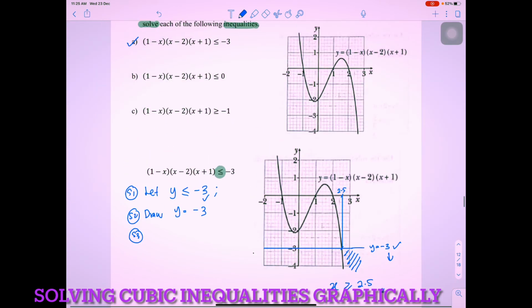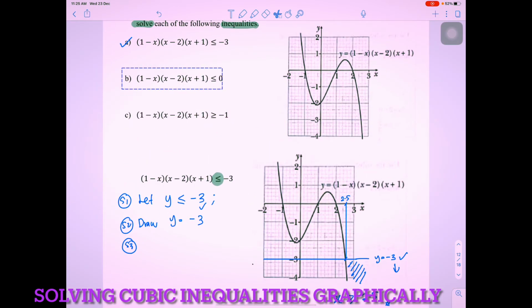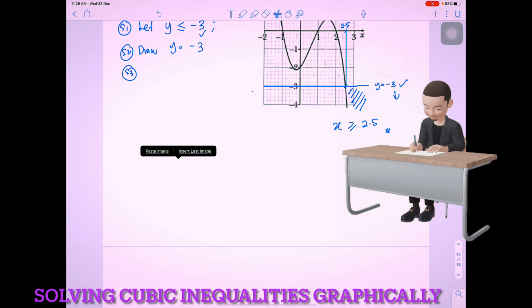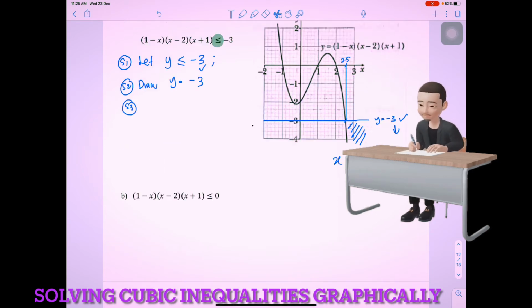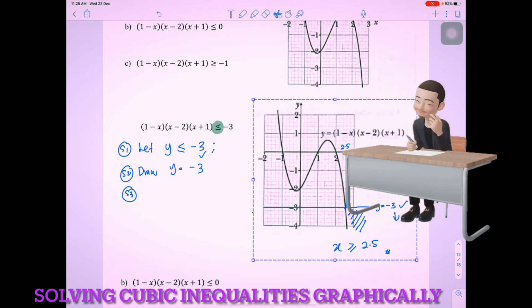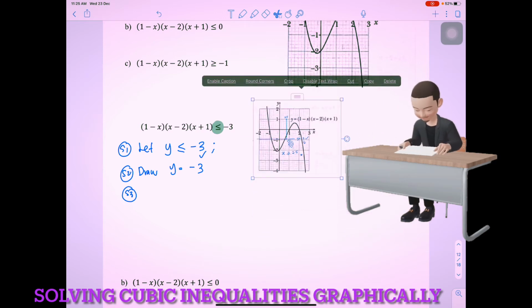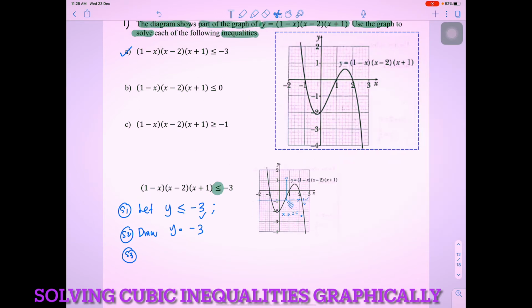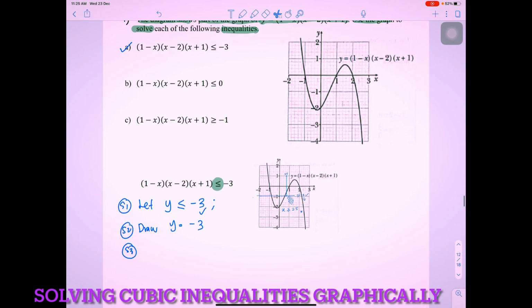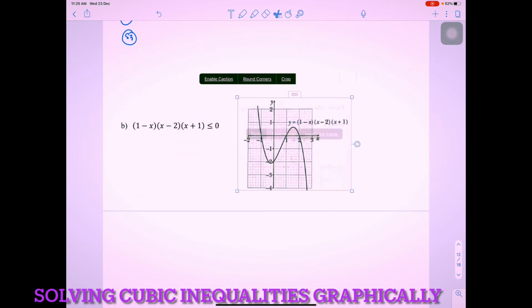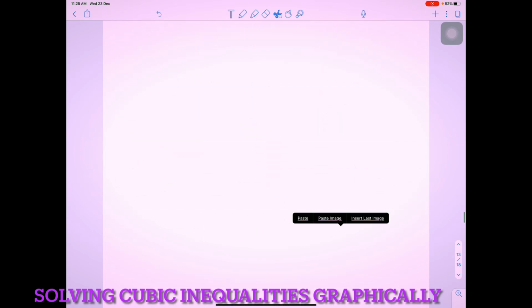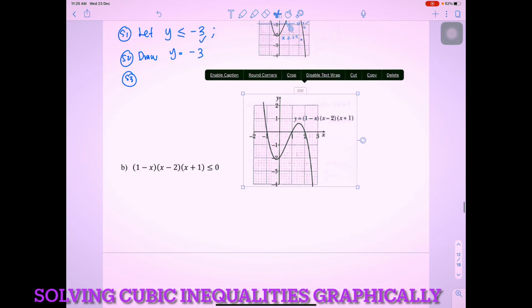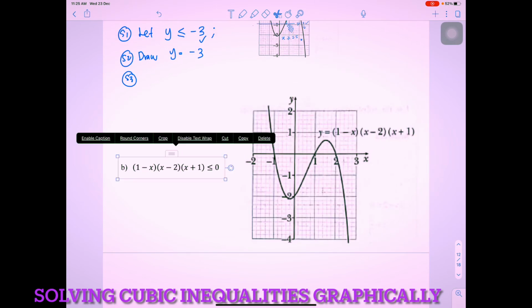And then for the second one, let me copy first for question B. Here is question B, and also the graph. So for question B, what do we do?